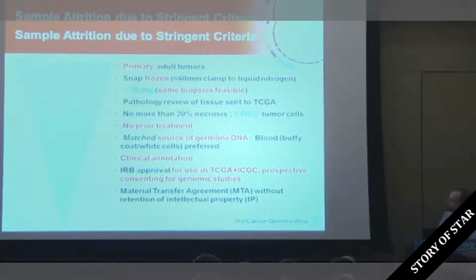The criteria for getting samples into the study are very stringent. This has been one of the issues for mesothelioma. They have to be frozen tumors, untreated, fairly large pieces of tumor, obviously a thorough pathology review, a high tumor content, no prior treatment. So this is a problem for many centers that use multimodality therapy.